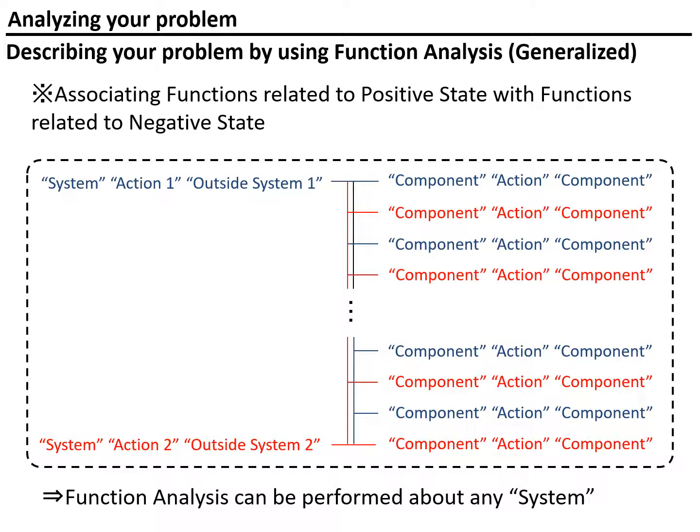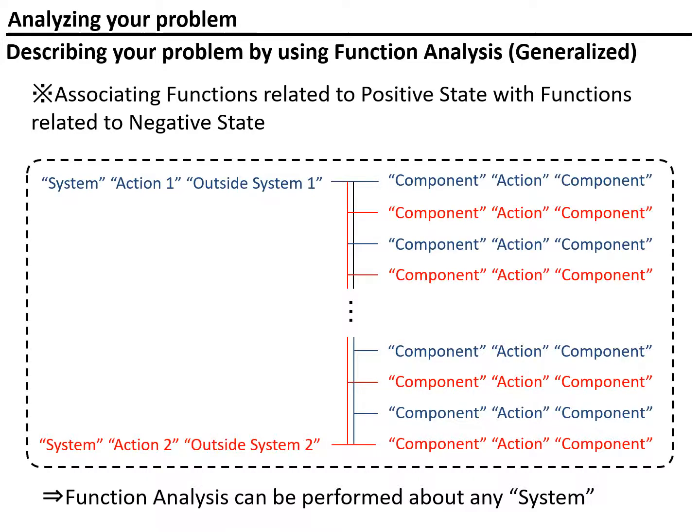Then you should recognize, as the result of the function analysis, that the functions which compose the positive state and negative state are actually generated together. The functions related to the negative state are unavoidably generated for producing the positive state of the system.